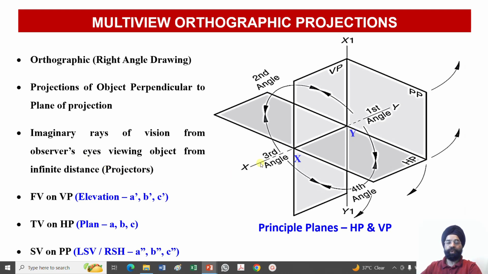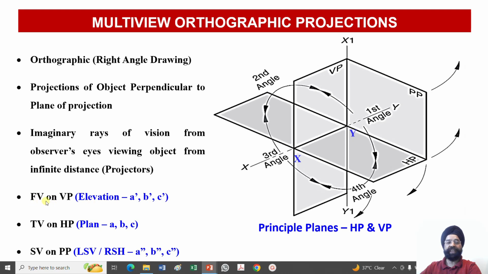And we need to remember another thing very, very carefully, that whichever view is obtained on the vertical plane will be obtained only when I am looking at this object from the front. So let us assume an object is lying in the first quadrant. When I am looking at this object from the front side, the image of the object which is obtained, or the view which is obtained on the vertical plane, is called front view. And another technical name of this front view is elevation.